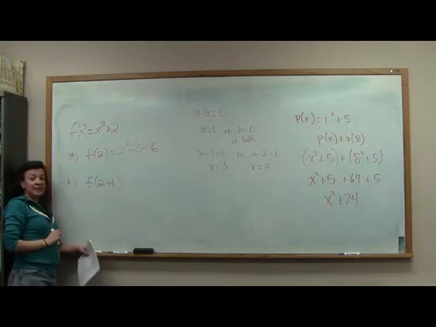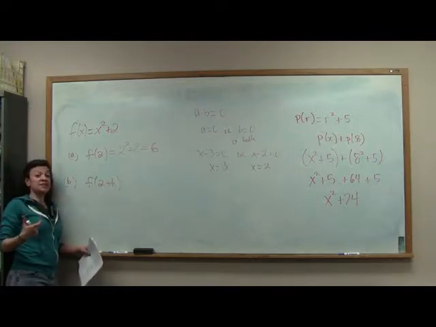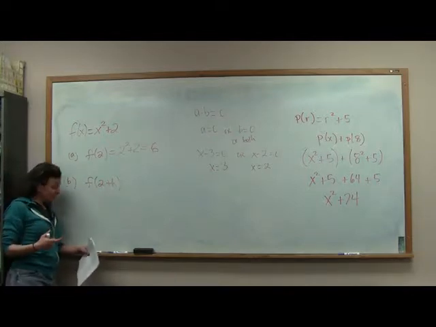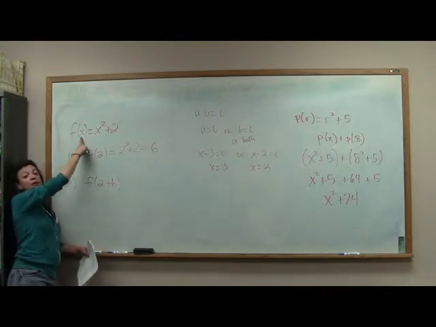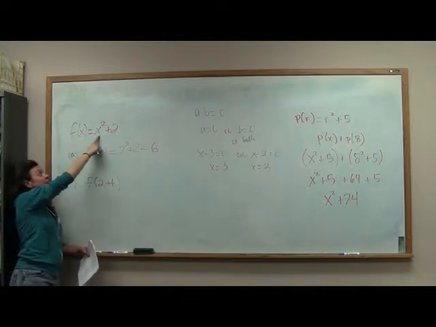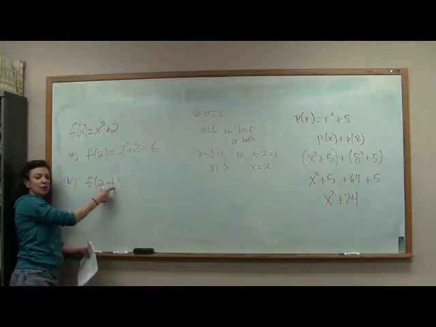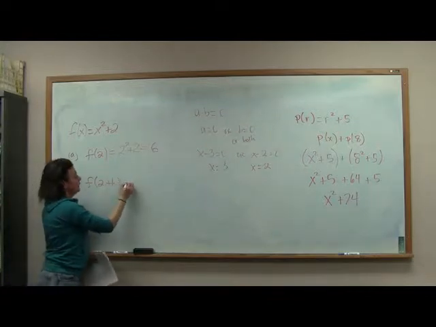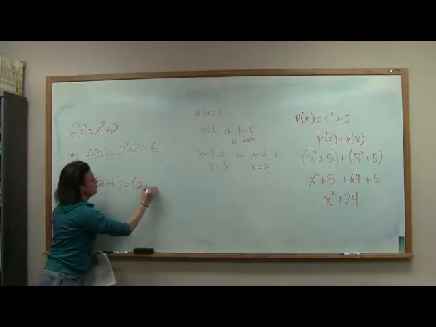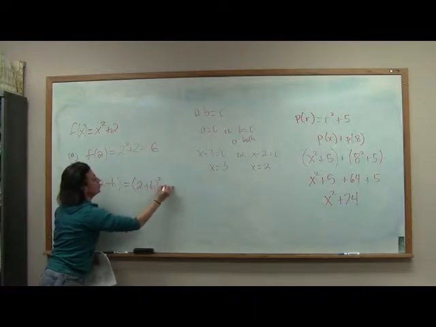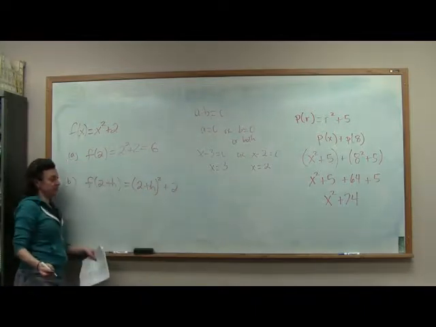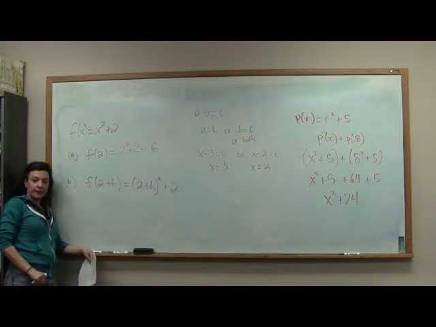Okay? Now we want to find f of 2 plus h. What does this mean? It means everywhere where we see an x in our function f, we're going to plug in this whole quantity. In other words, that's 2 plus h quantity squared plus 2. Okay?